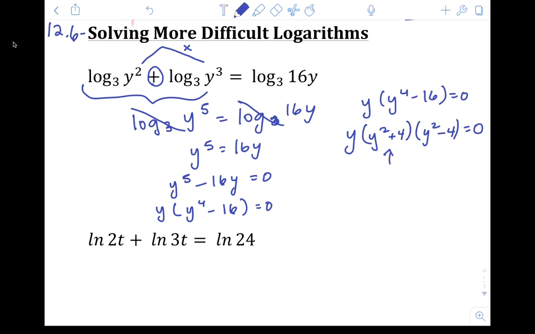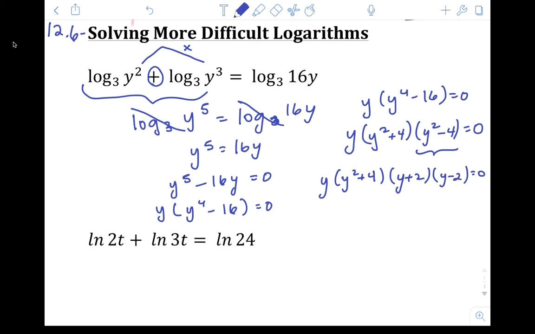This one can't go any further because that's a perfect square plus perfect square, and you can never factor those. But this one is yet another difference of squares. Y squared plus 4, okay? So then this becomes y plus 2, y minus 2.